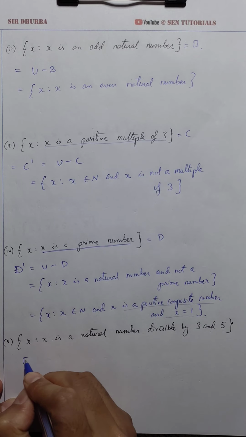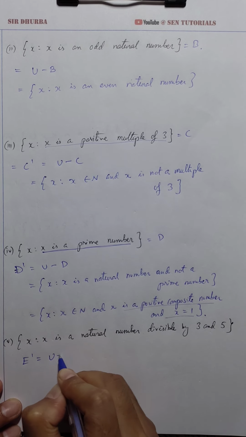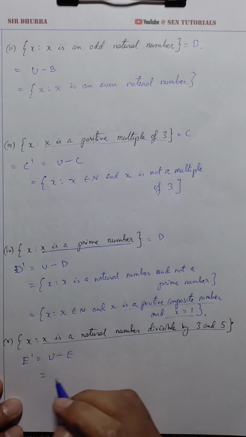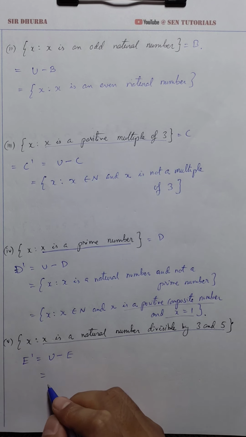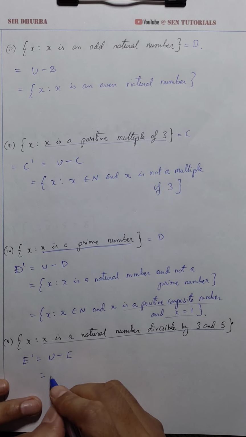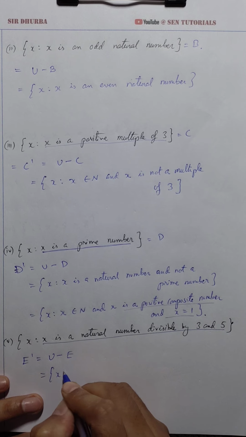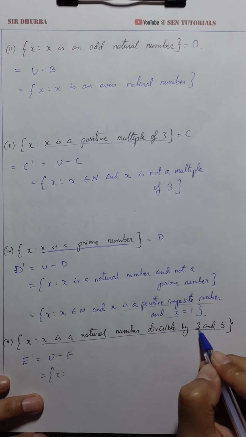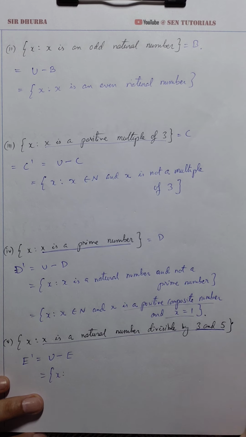Alright, let this be our set E. So E complement will be universal set minus set E. What is our set E? Natural numbers divisible by 3 and 5. So that will be something like X such that, see, what is a number that is divisible by 3 and 5? Can you think of some examples?